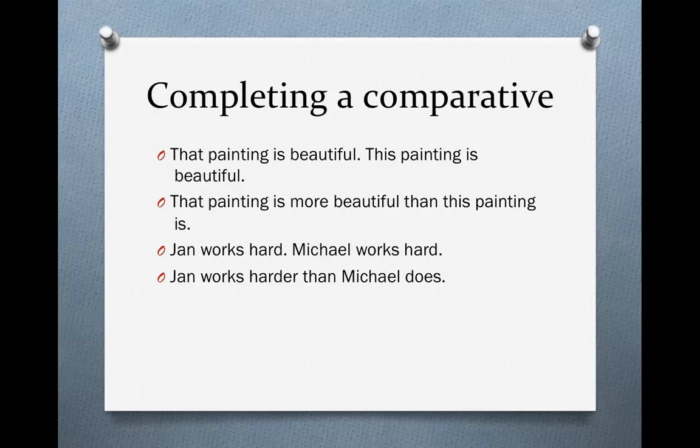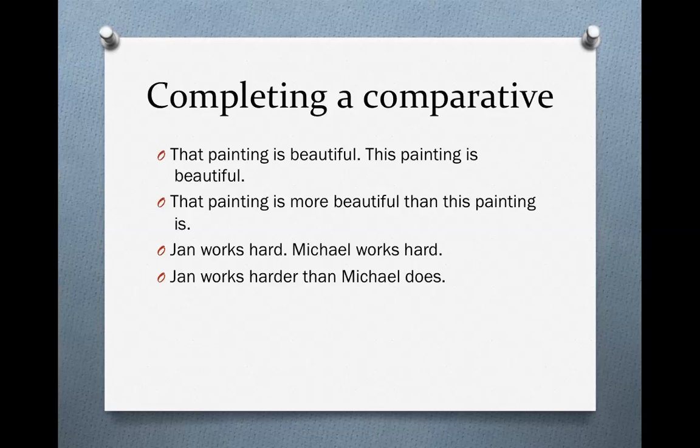So in a comparison, the second item, if we want to add a verb, we don't have to, but we can. When we do add a verb, we have to be careful which one we add. If be is the main verb in the sentence, then be is the verb we add in the comparison. If it's any other verb, if it's an action verb, not a be verb, in the sentence, then we add the auxiliary do.